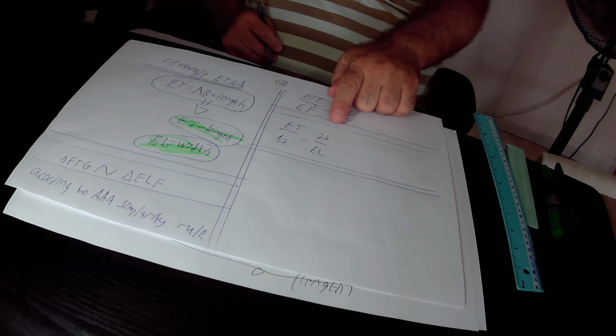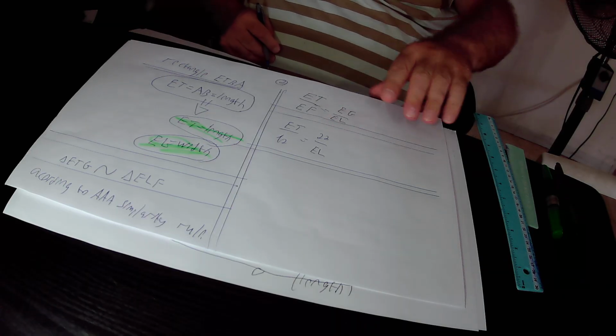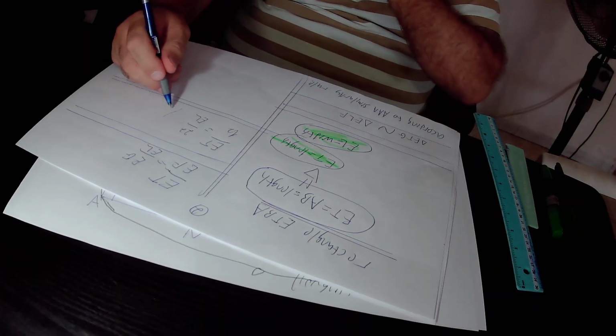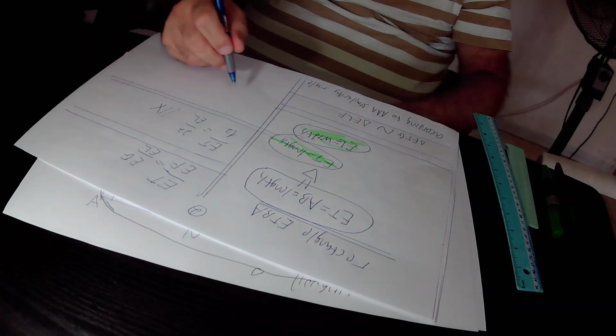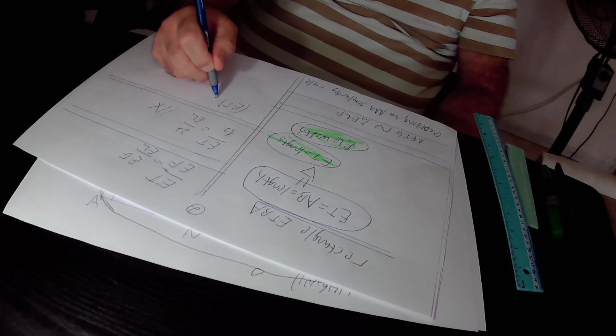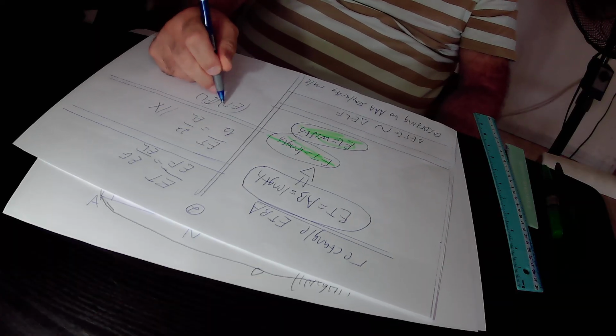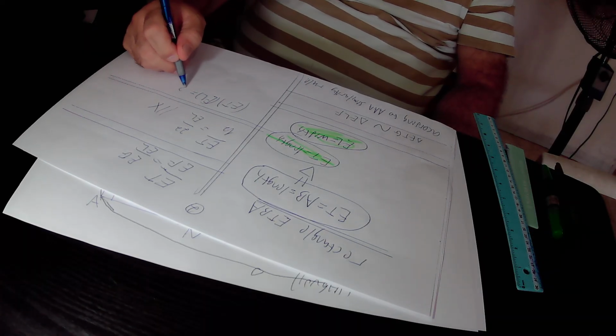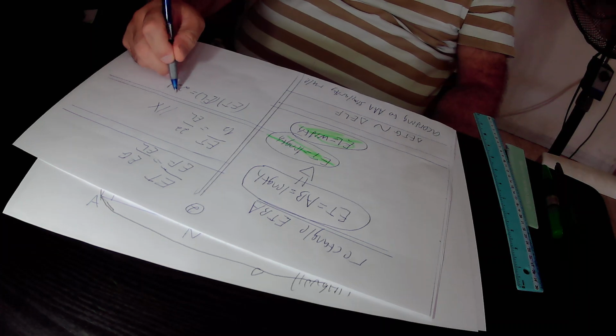Here we will cross multiply this equation and we get that ET times EL is equal to 22 times 12.